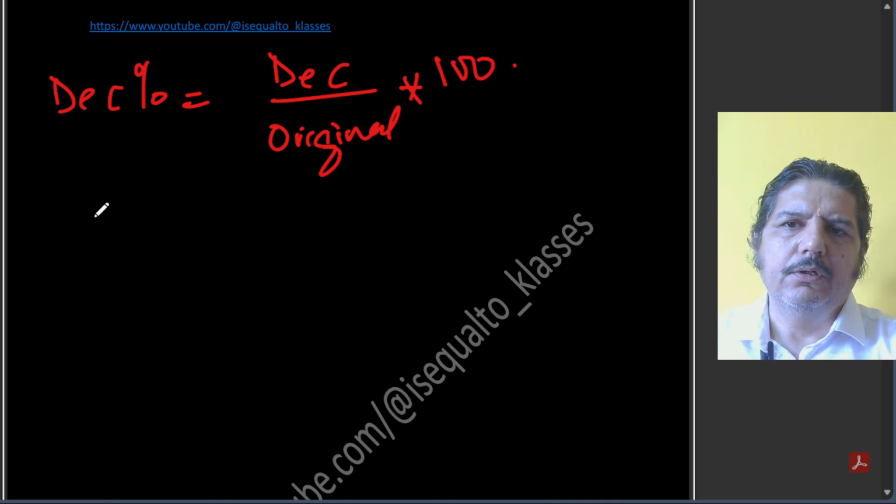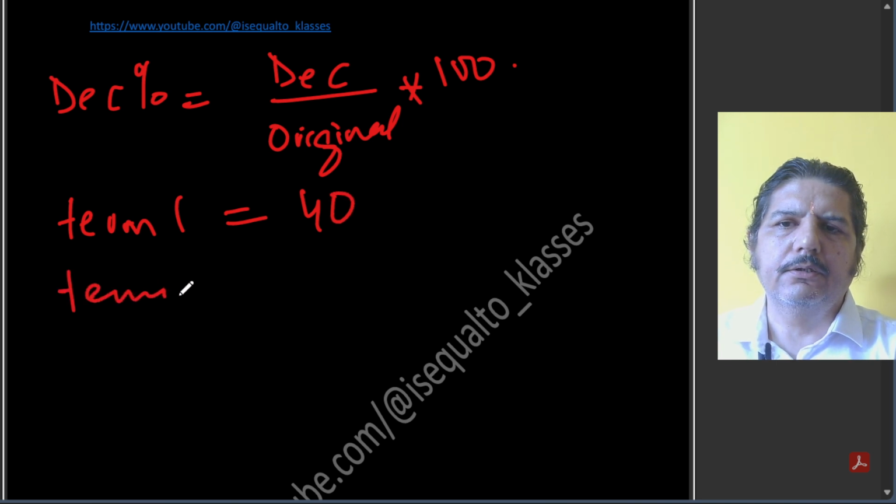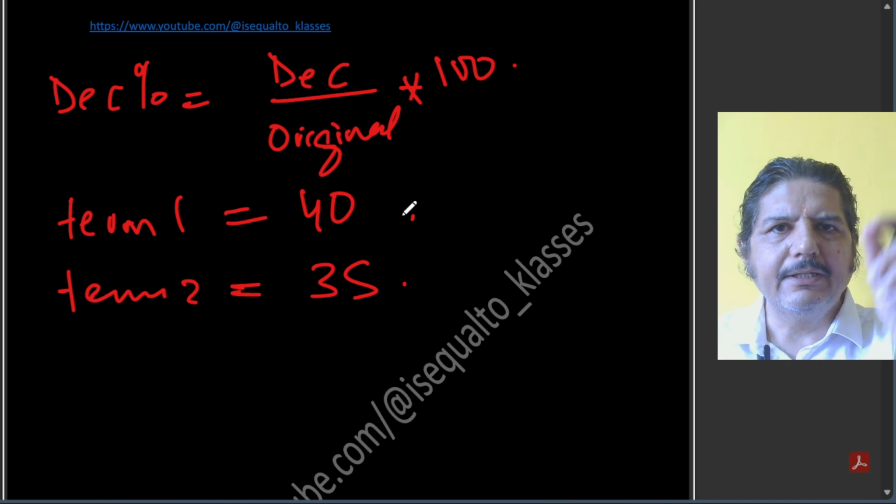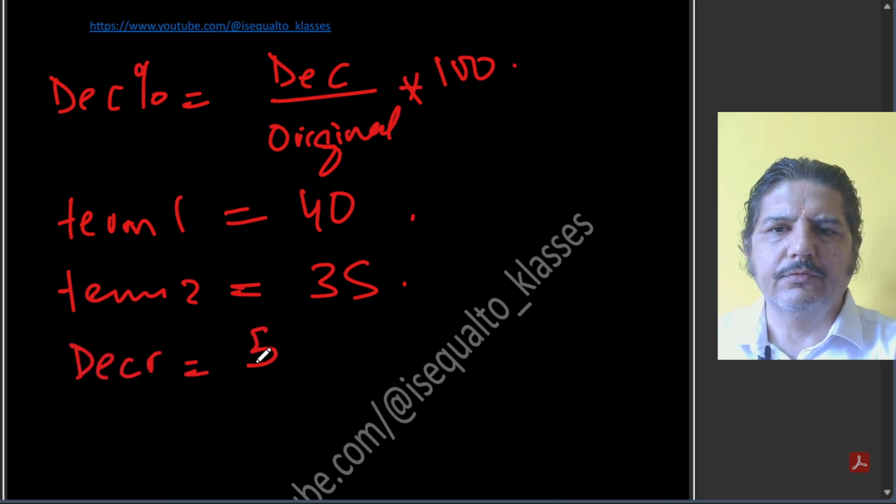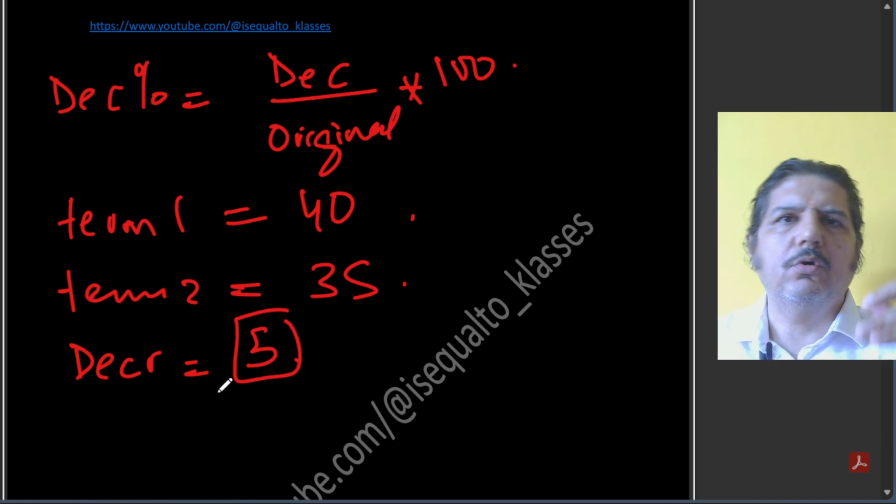So let's take a simple example. In term 1, you scored 40 marks, and then in term 2, you scored 35 marks. So there is a decrease of 5. But this decrease is on what?